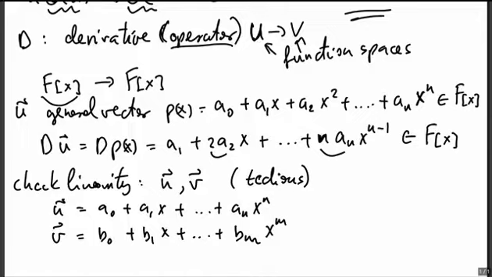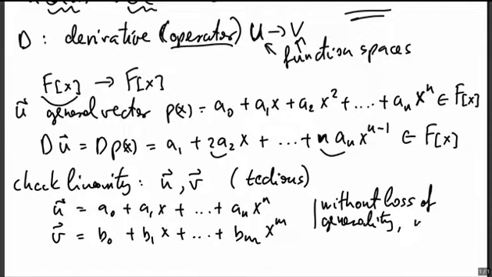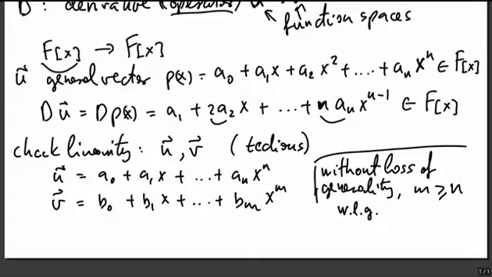Then the question is which one is the larger power. Typically we say that without loss of generality, let's assume that m is larger than n, or maybe equal to it. So these are two general vectors in this vector space of polynomials.